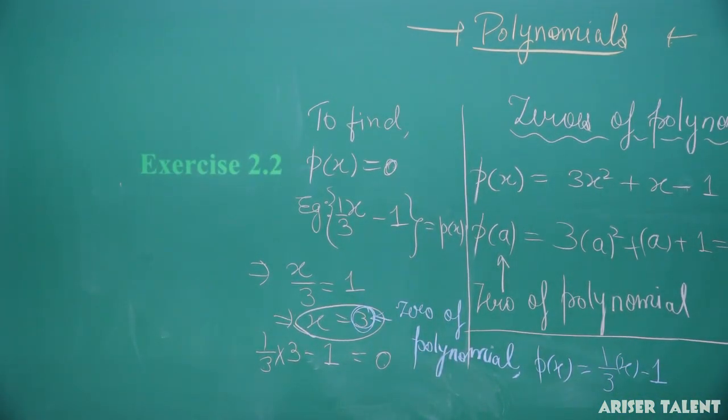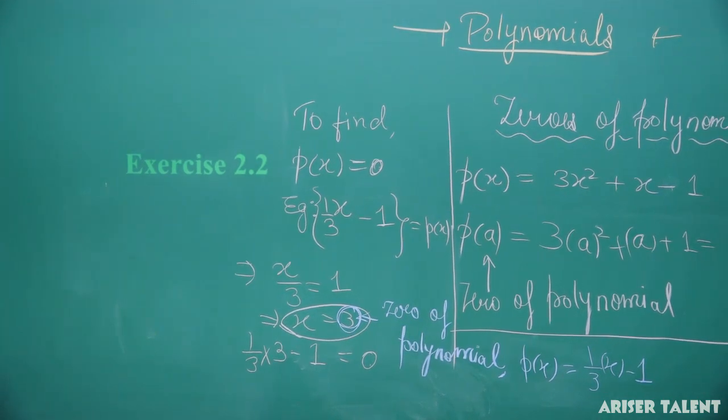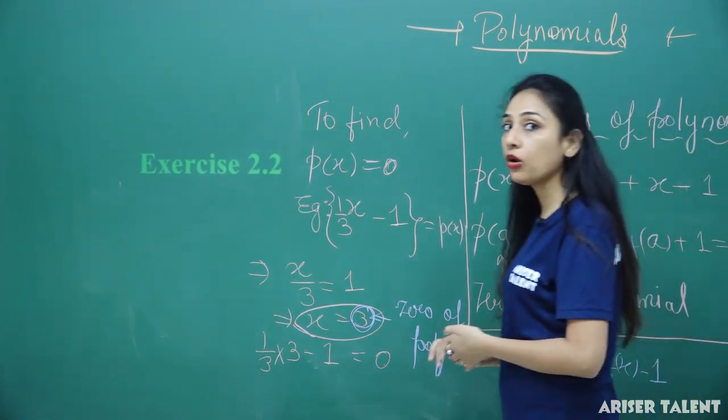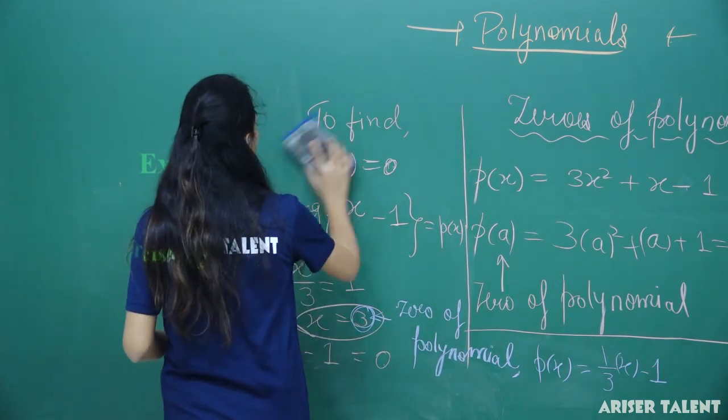We move to exercise number 2.2, in which we have to do questions based on the 0 of a polynomial.